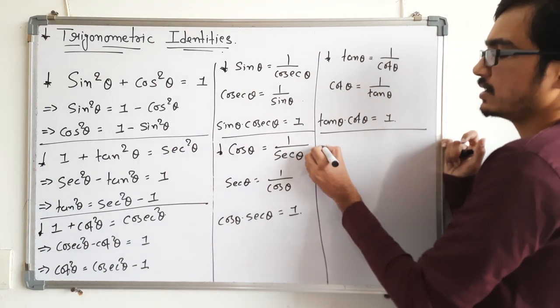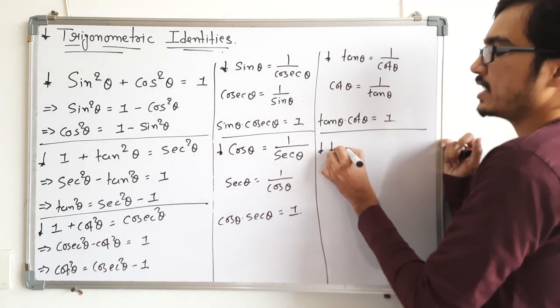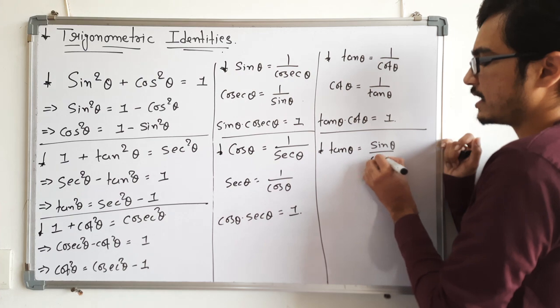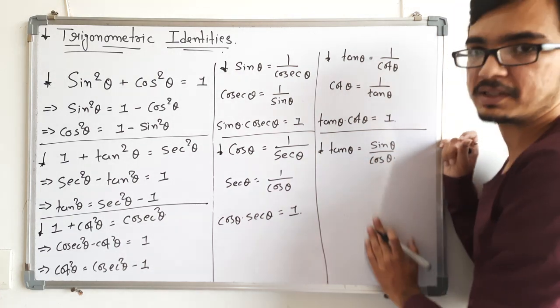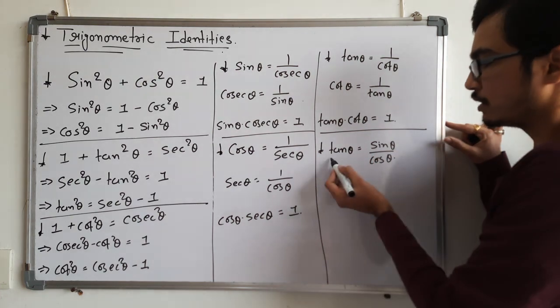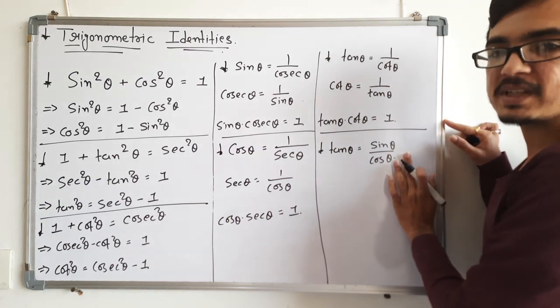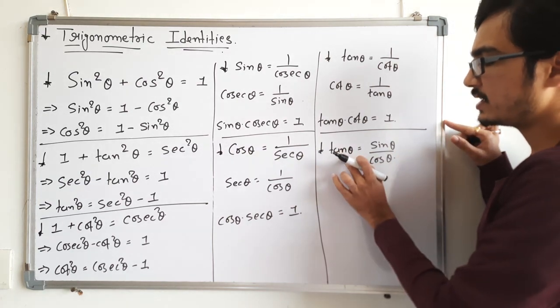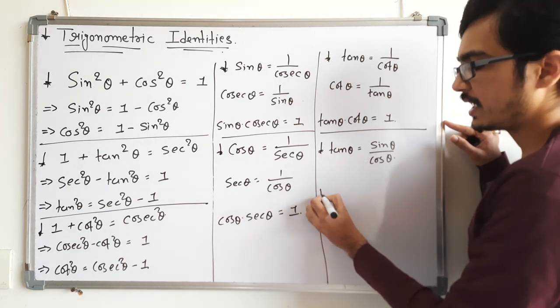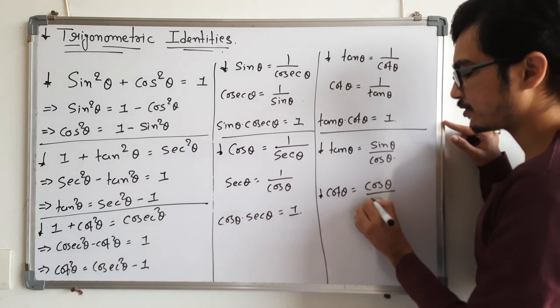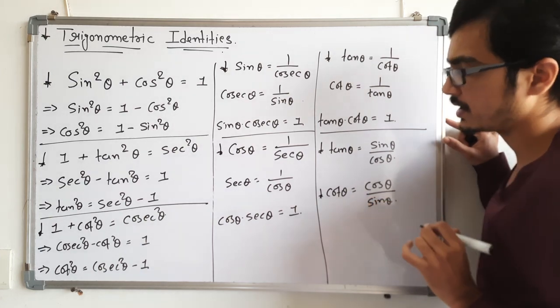Then after, as we know, tan theta is equal to sine theta upon cos theta. This we derived in the very first lecture. You can revise from that also. So whenever we want to convert tan theta into the form of sine cos, then we will substitute tan equal to sine upon cos. And as such, cot theta is the reciprocal of this. So cot theta is equal to cos upon sine theta.